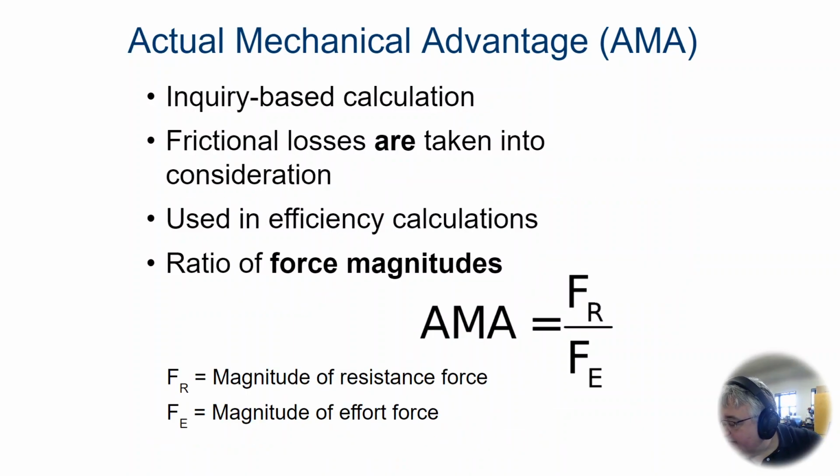And then we have our actual mechanical advantage, and that is in the real world because it's something that we have measured. So AMA equals FR over FE, resistance force over effort force.